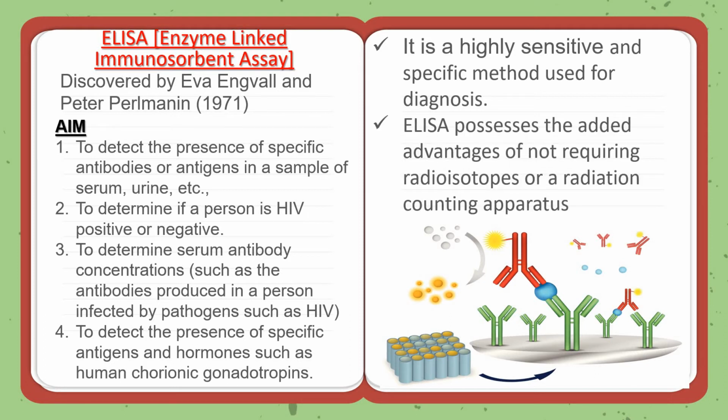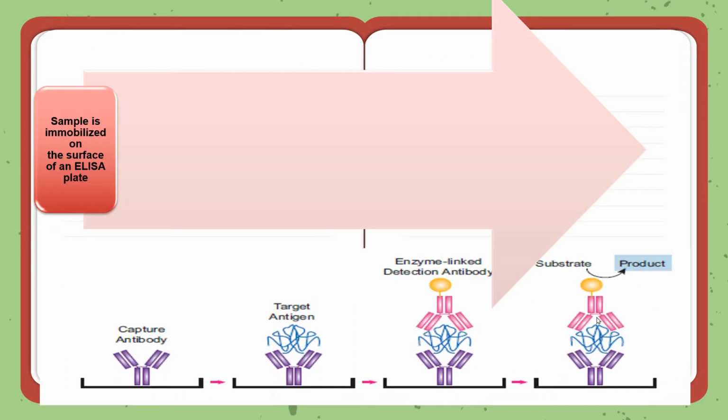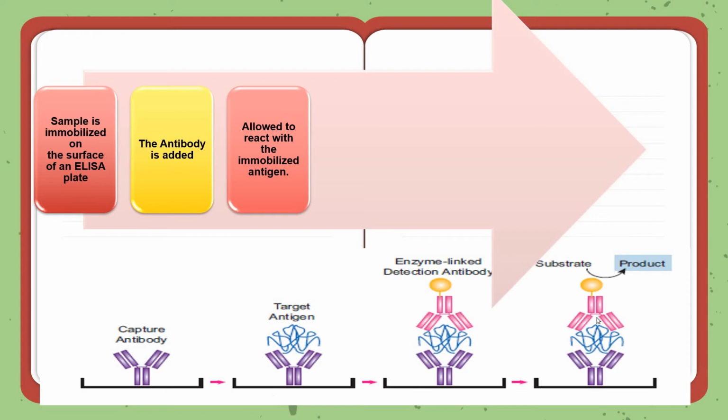These can be detected with the help of ELISA. This method is highly sensitive and specific. ELISA possesses the added advantages of not requiring radioisotopes or a radiation counting apparatus. No sophisticated instruments are required to conduct the ELISA technique. The process of ELISA: during the diagnosis, the sample is immobilized on the surface of an ELISA plate. Then the antibody is added and allowed to react with the immobilized antigen.